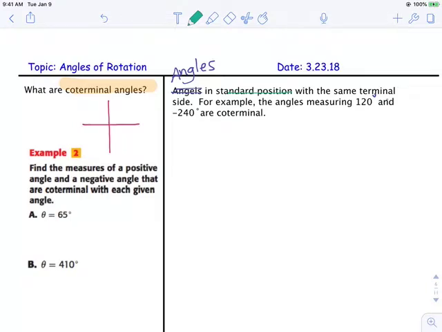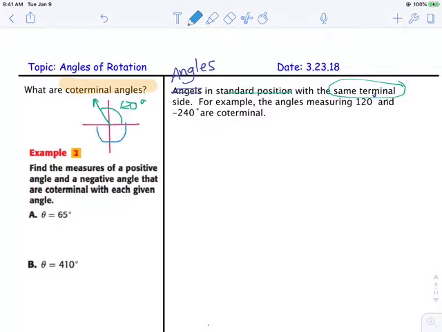So they're both in standard position, but they have the same terminal side. So let's see, 120. 90 is right here, 135 is right here, so 120 is about right here. That's 120 degrees. Well, and let's see, negative 240.